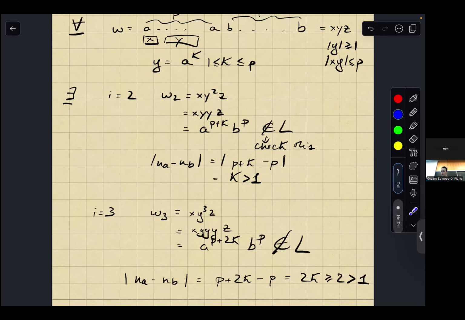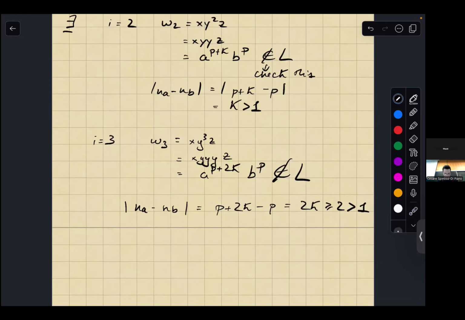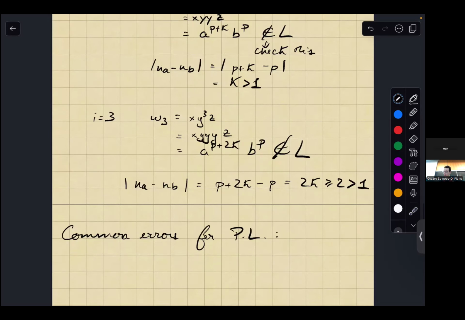Okay, so just before we move on, I'd like to make a few comments about the pumping lemma in terms of common errors that students make. One very common error is they set a particular P. For example, sometimes students say, well, I want P to be 17.